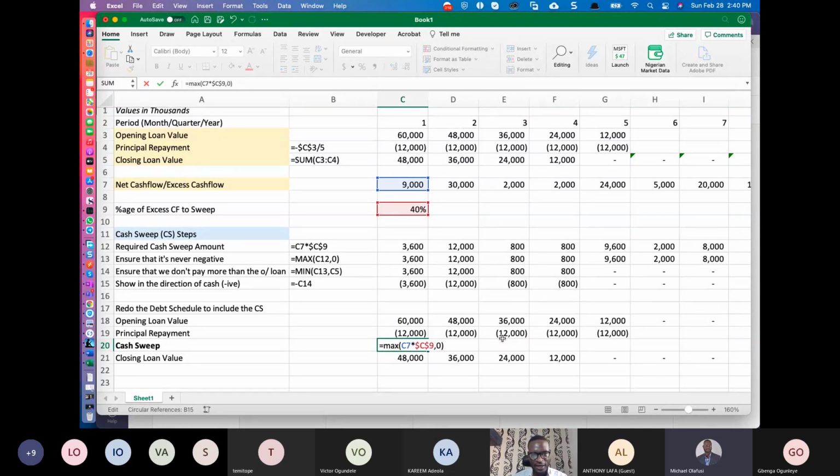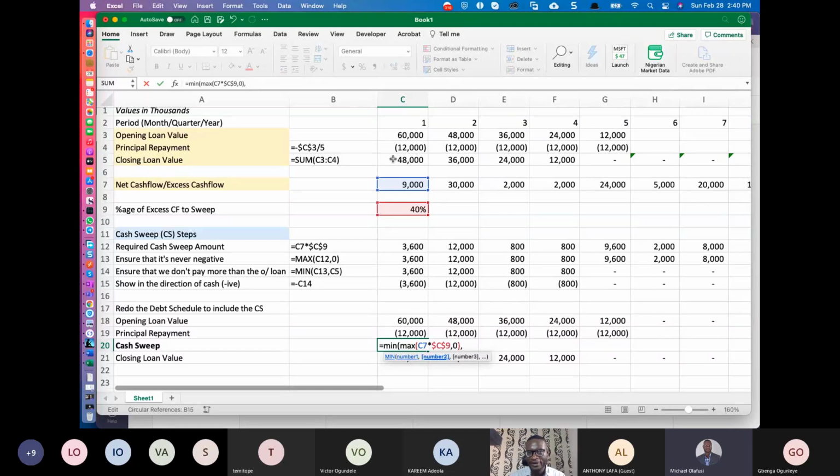Now, step number 3 is that we don't want to pay more than the outstanding loan, right? So what did we do? We did a min and said, okay, all of this money, comma, the outstanding loan. Now this is where there's going to be a bit of a change in how we calculate the outstanding loan in this case.